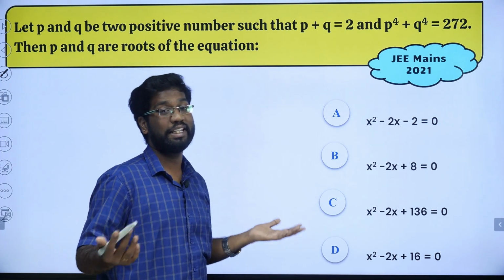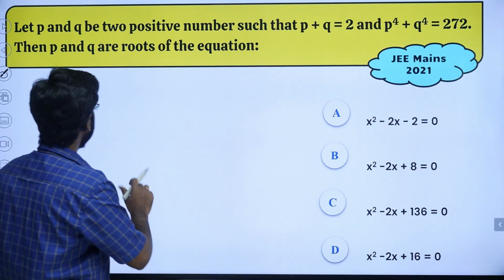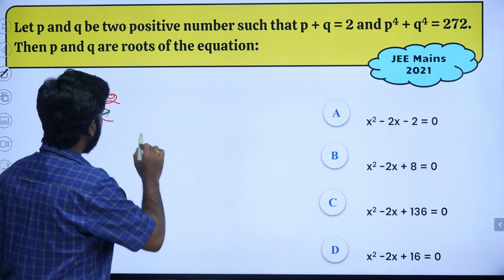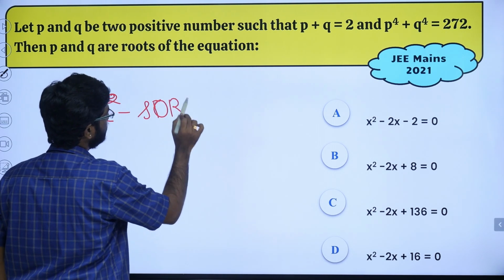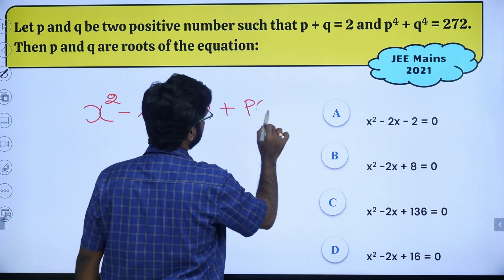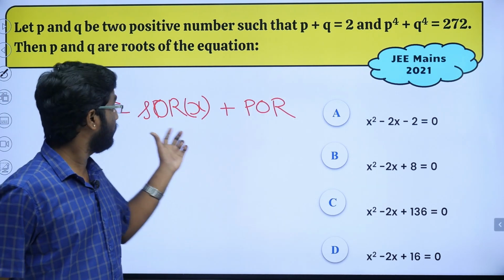This is the quadratic equation application, my dear students. You have to understand. To find the quadratic equation from the roots, we have the formula x square minus sum of the roots x plus product of the roots. So by this we can form the equation, right?